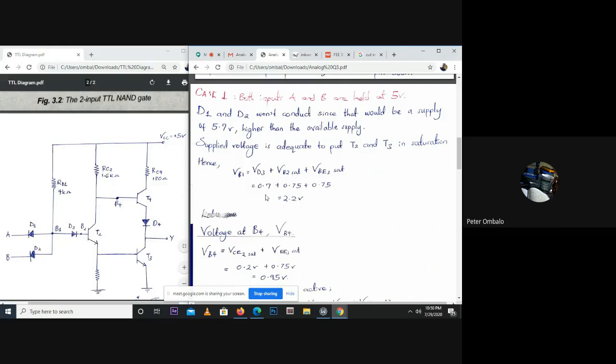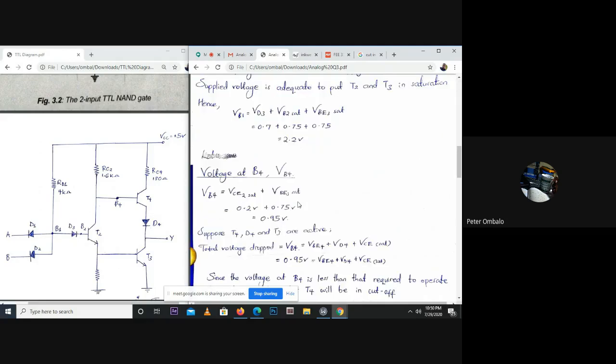Remember we said there's a 0.7 drop at the diode, and then VBE2. This is a mistake. VBE2 at saturation is 0.75, and VBE3 at saturation is 0.75. So then we figure out that the voltage at VB1 is 2.2.